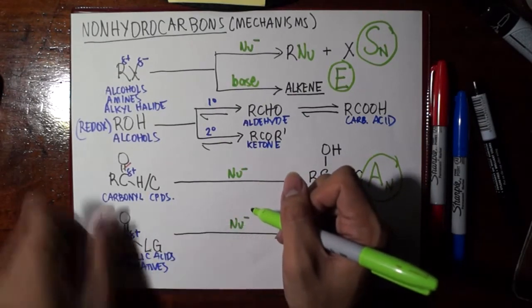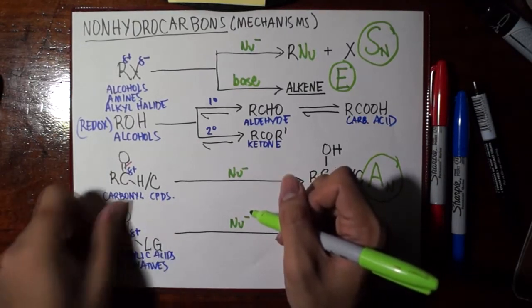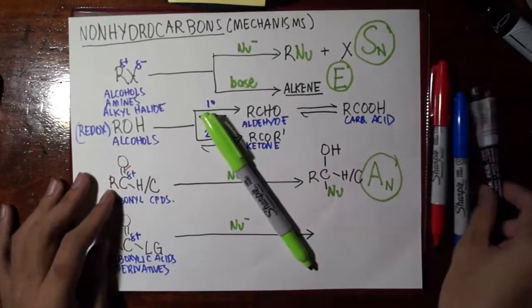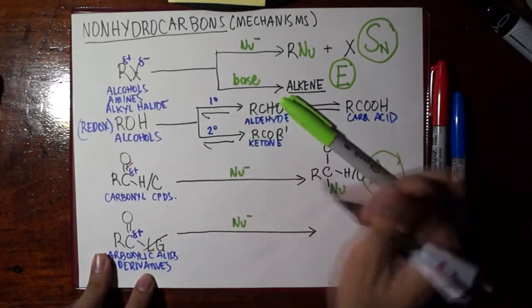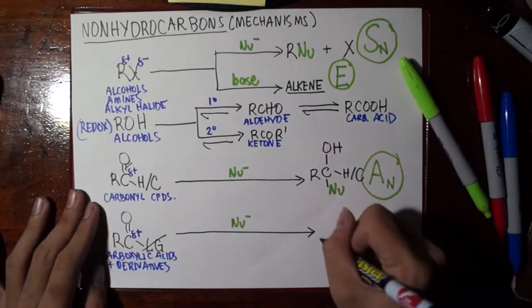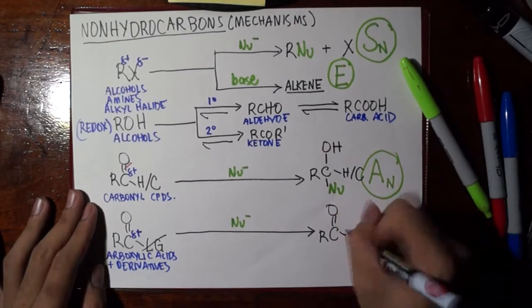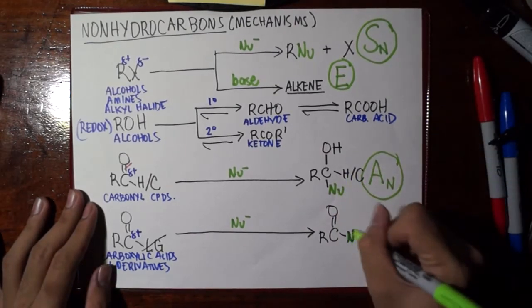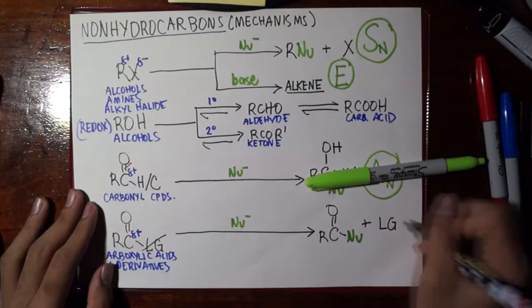The nucleophile will just let the leaving group leave, and then it will take the place of what used to be the spot of the leaving group, and the leaving group will be a byproduct.